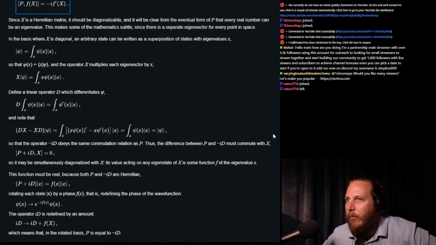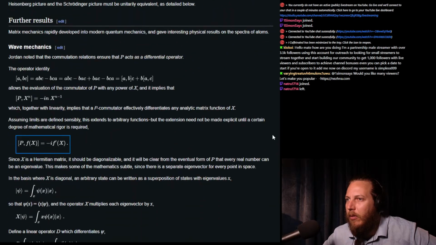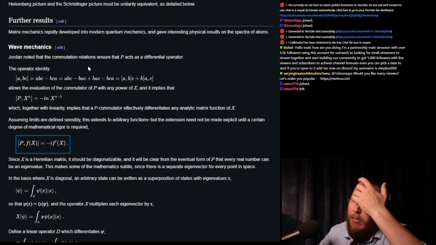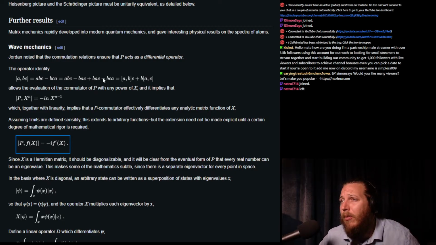Further results. Wave mechanics. ABC. So ABC minus BCA equals ABC minus BAC plus BAC minus BCA. Yeah, why wouldn't it? Oh, okay, that last bit's interesting.